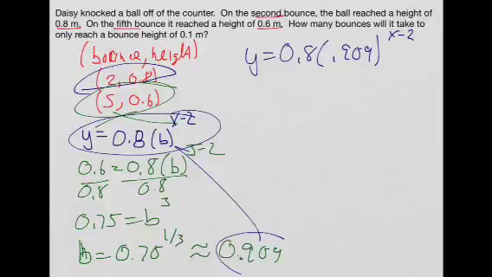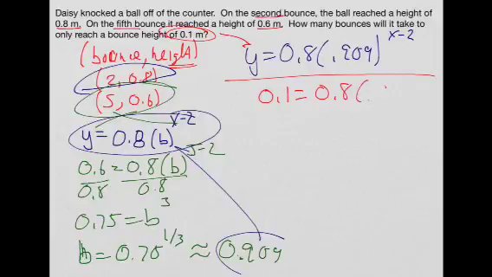Okay, this is all what we were doing before. But now I need to get a bounce height of 0.1 meter. So that's my y. My height is my y value. So I have the equation 0.1 equals 0.8 times 0.909 to the x minus 2 power.